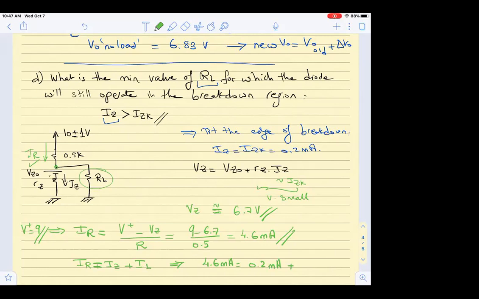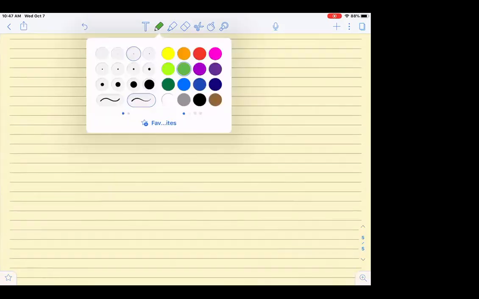What is I load? It is 6.7 over R load, right? So from this I can solve for R load under this condition, and it comes out to 1.8 kilo ohm. This was solved at V plus equal to 9 volts.